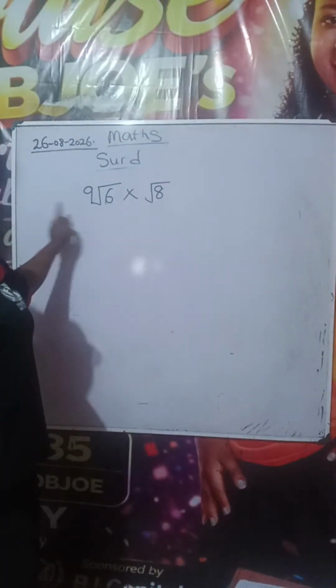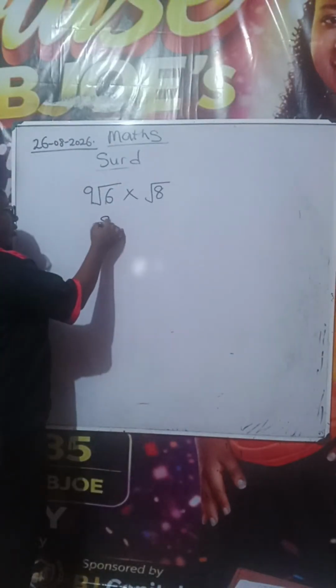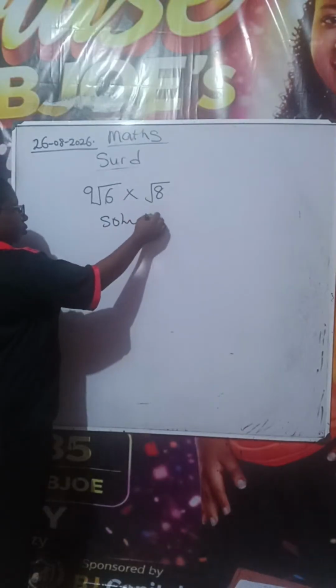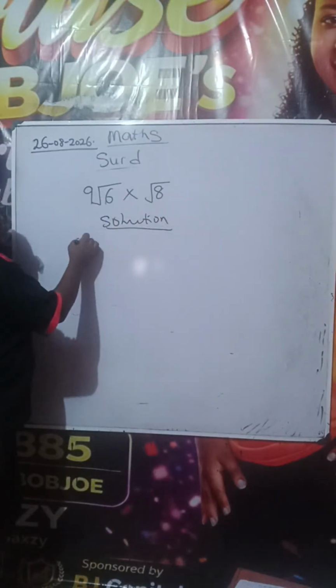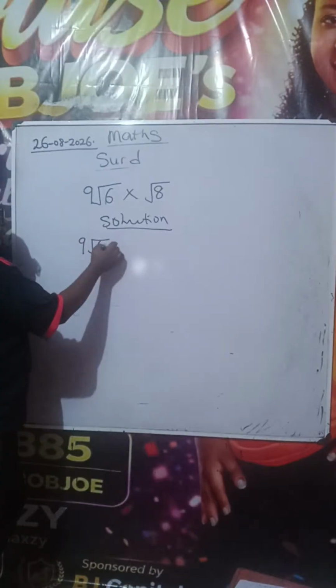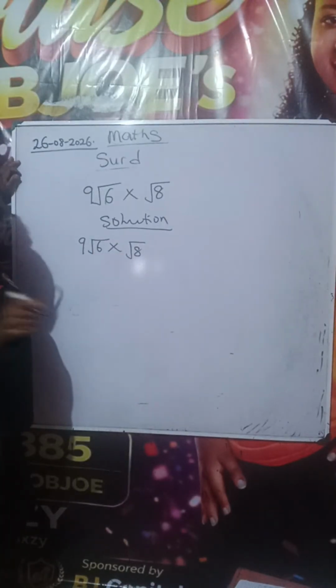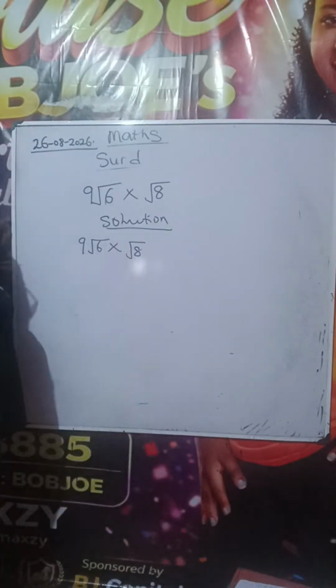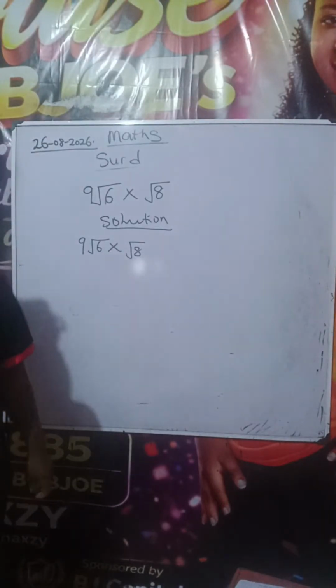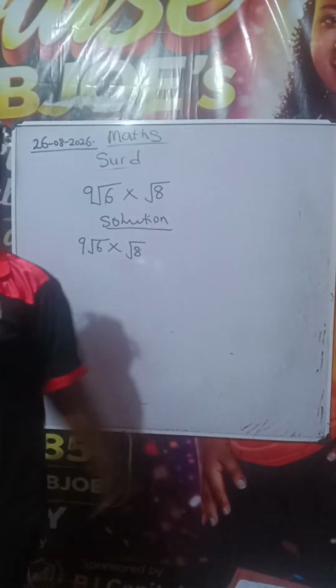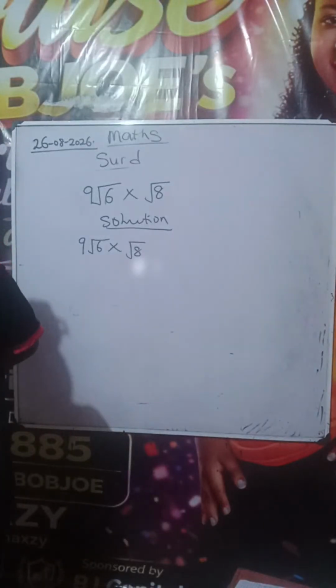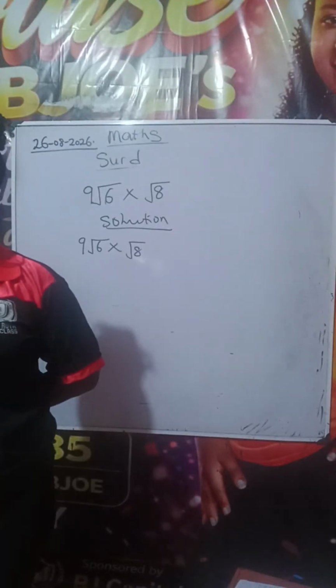First, let's write the solution. So we have 9 root 6 times root 8. Now, what is the coefficient of this 8? It means what number is at the back there.